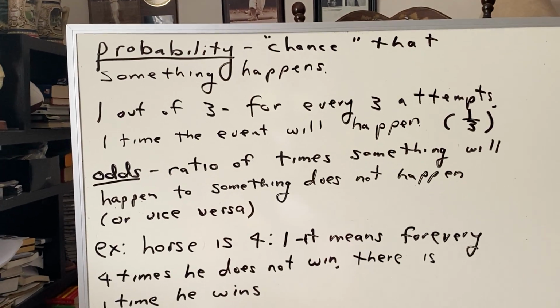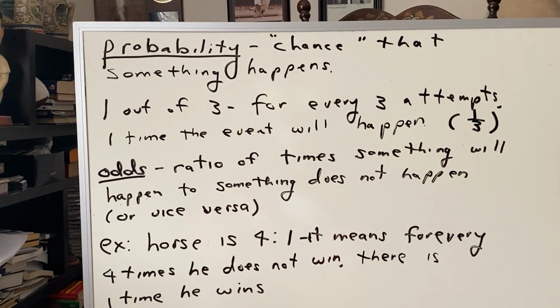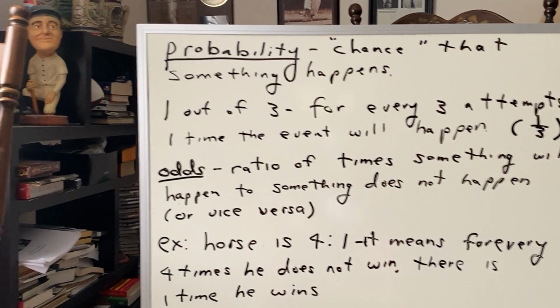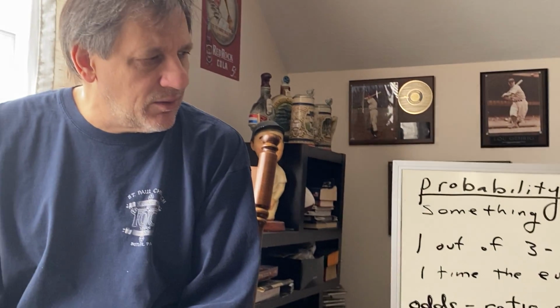For example, if we go to a ball game and we think that, for every 3 times that this scenario plays out, so to speak, meaning 3 times that we go to this ball game under these conditions, one time our team will win. Or more simply, if you have, say, 3 numbers in a hat, 1, 2, and 3, and you want to know the probability of pulling a 2 out, well, that would be a 1 out of 3 chance.